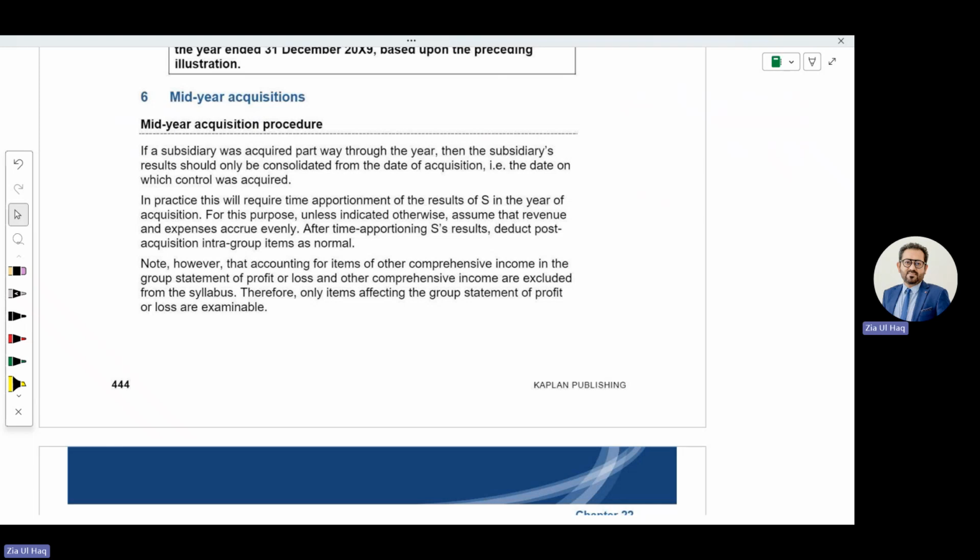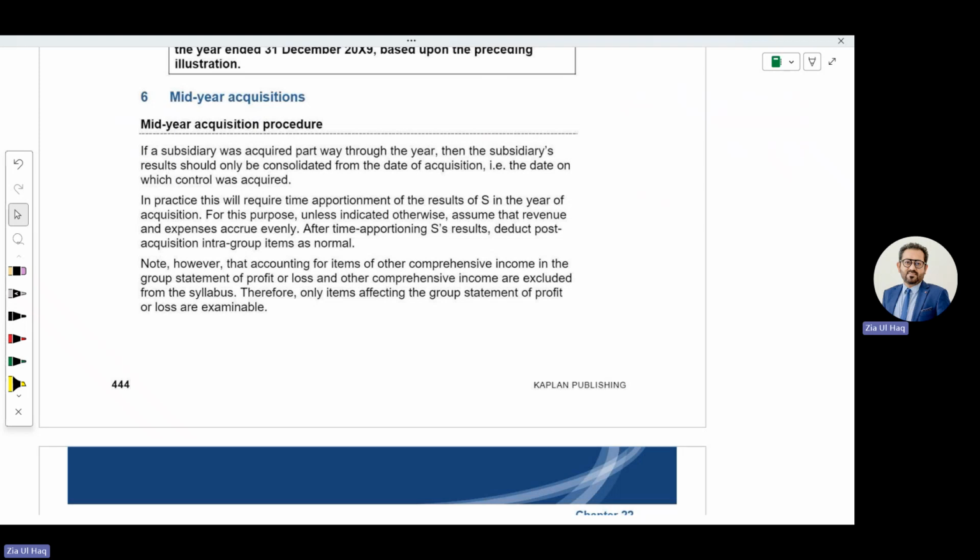We need to consolidate April to December results only, so for the subsidiary result we need to multiply by 9/12. From the date of acquisition onward we consolidate the results, not before.